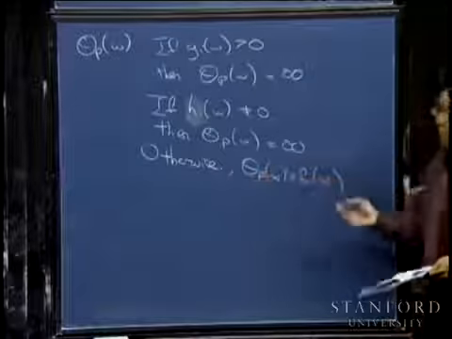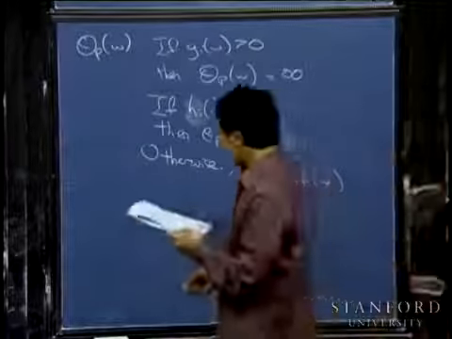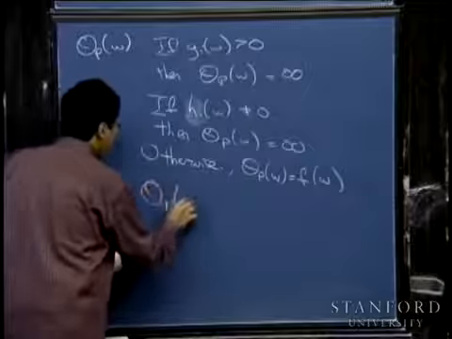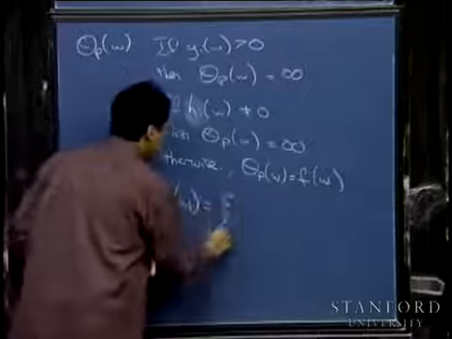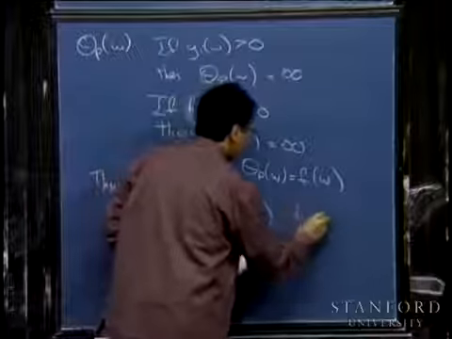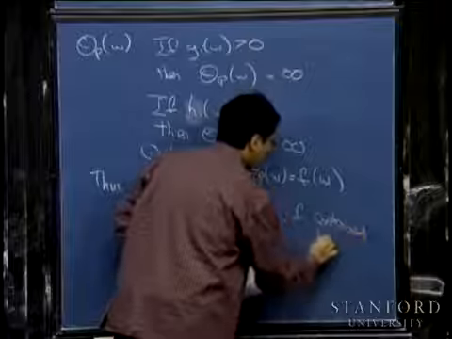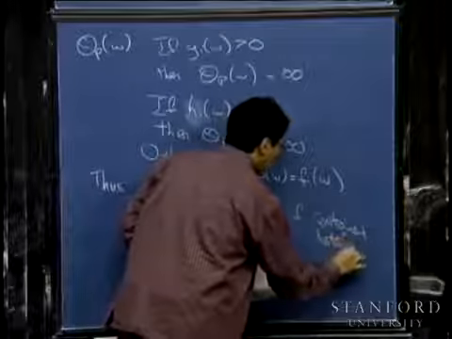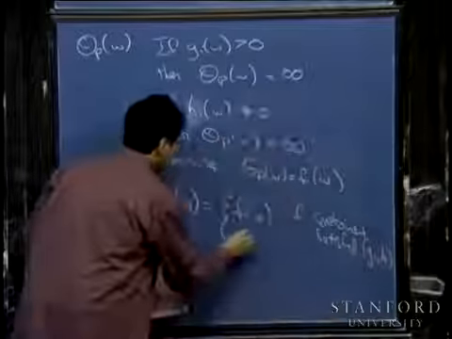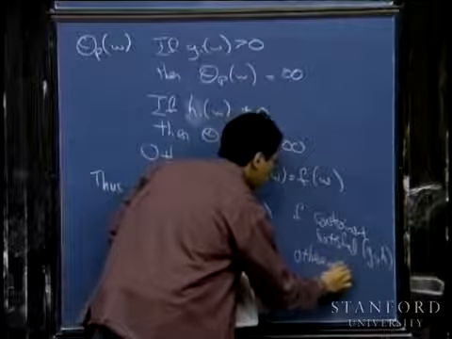And so theta_P is just left with f(w). Thus, theta_P(w) is equal to f(w) if the g_i and h_i constraints are satisfied, and is equal to plus infinity otherwise. Okay?